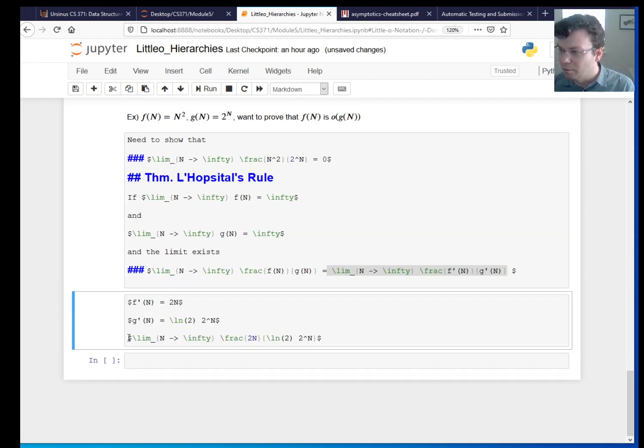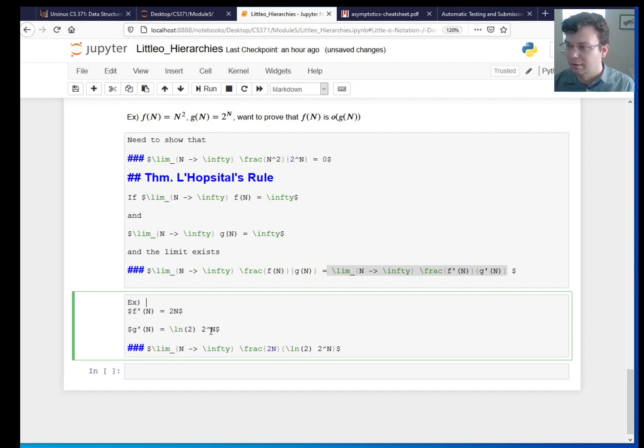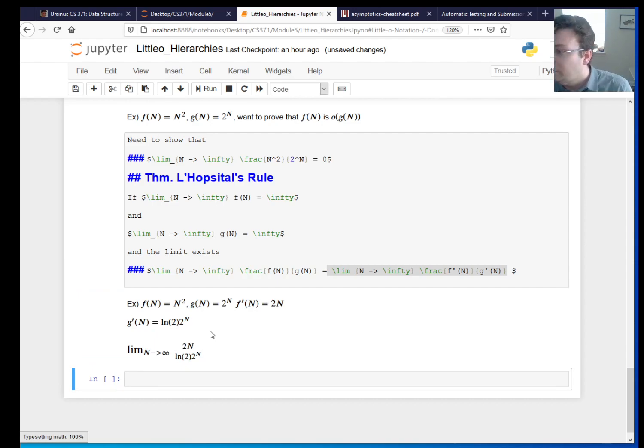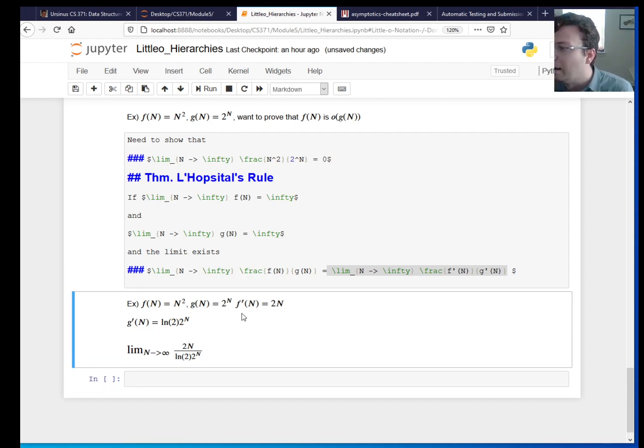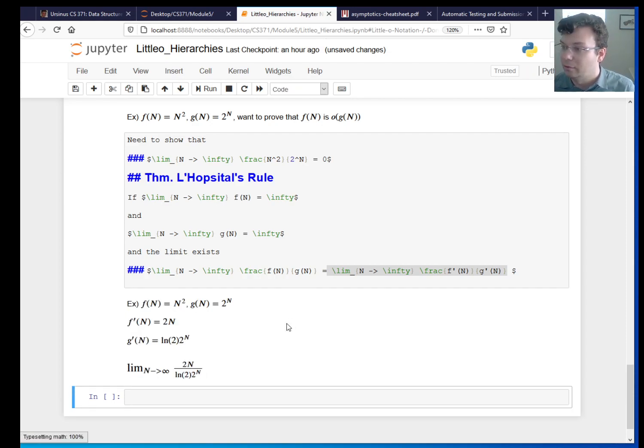So this is really what we're going to try to show now, if we go back to our example, where f of n was n squared and g of n is 2 to the n. So here's the facts. The derivative of f of n is 2n. The derivative of g of n is natural log of 2 times 2 to the n.